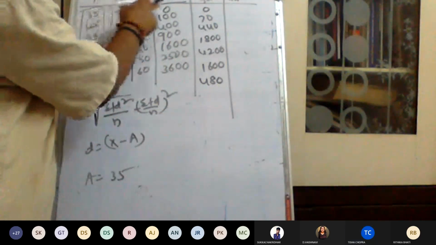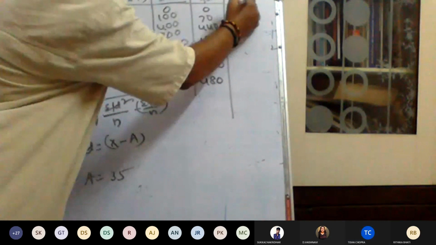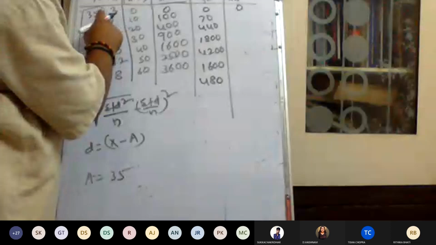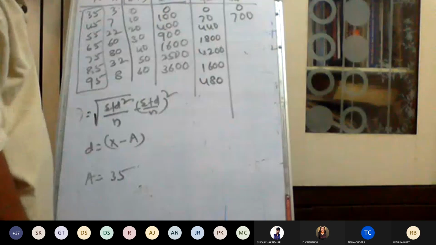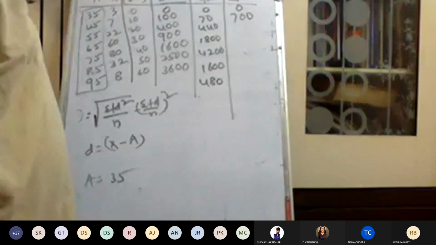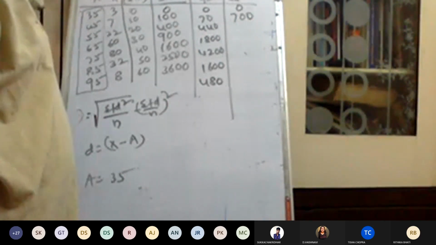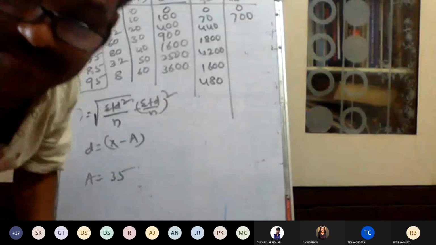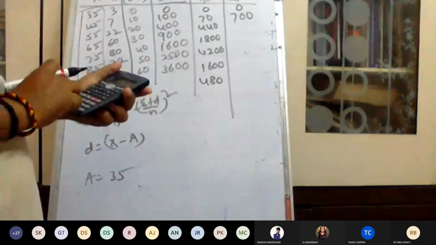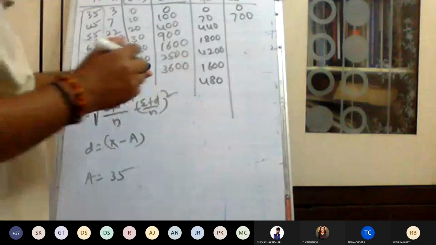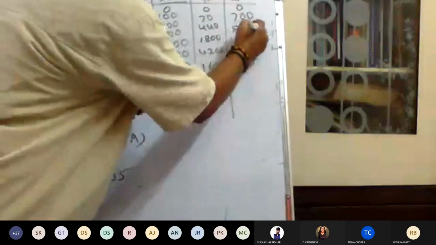What is our fd square? 3 into 0 is 0. 7 into 100 is 700. 22 into 400 will give 8,800.